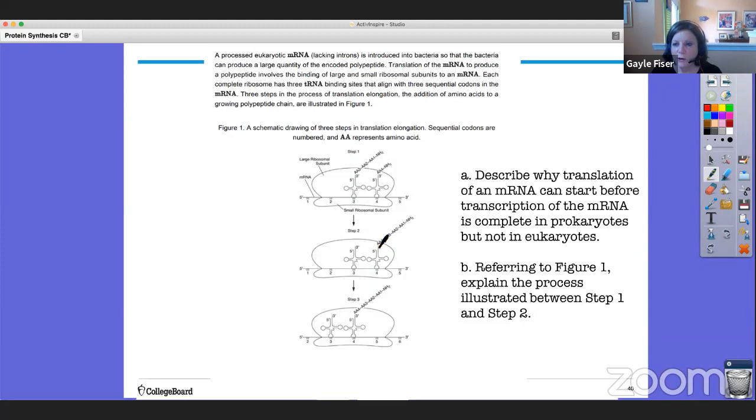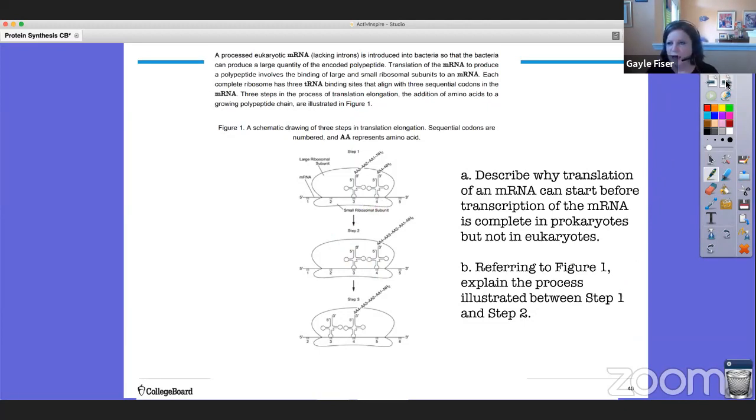When you explain that, you need to say amino acid 3 was then joined to amino acid 4 by a covalent bond, and then this is going to move to the exit site, and this is now going to move to the polypeptide site, and then the next amino acid comes in. Do all those details when you explain what's going on here.